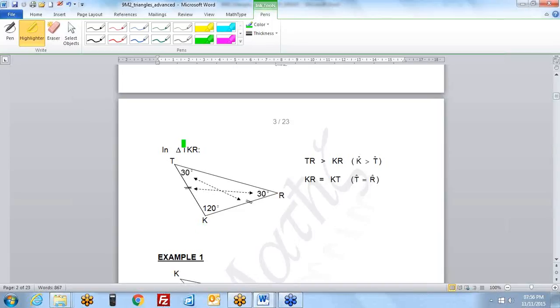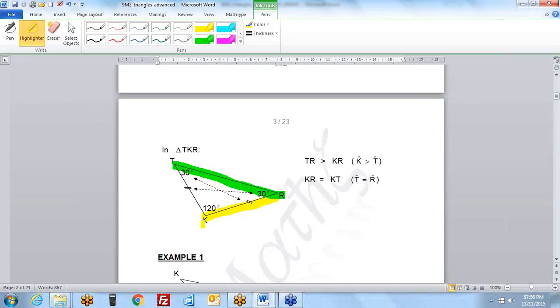In triangle TKR, TR is bigger than, or longer in length than, KR. Because angle T, which is 30 degrees, is smaller than angle K, which is 120 degrees.